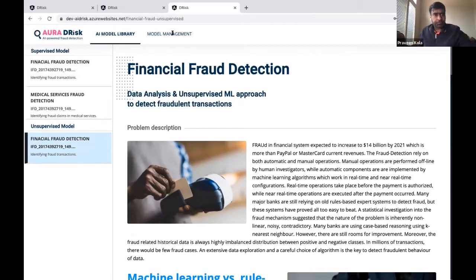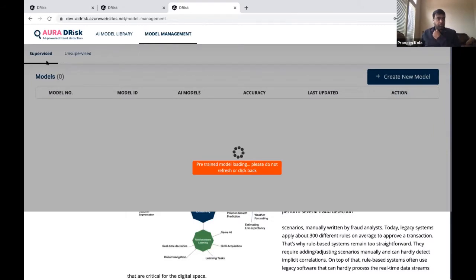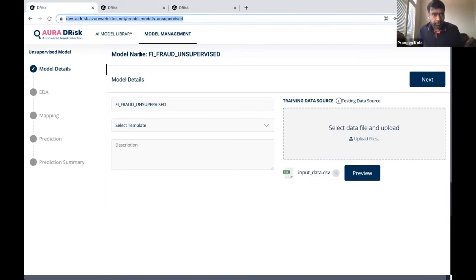So let me show you a few things here. In model management, there are two types: supervised and unsupervised. Let me go to the place where we have the model. I already opened it to save some time.